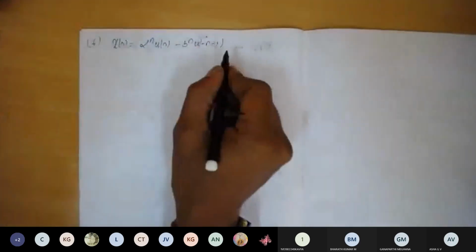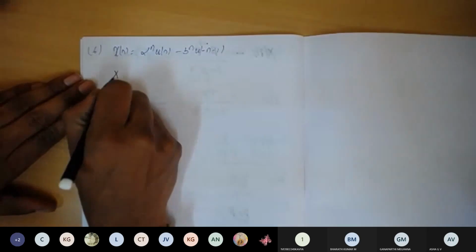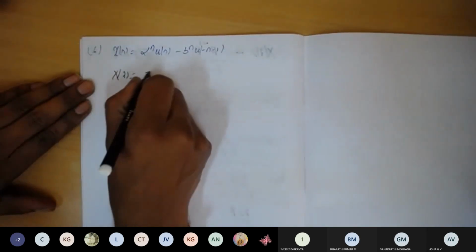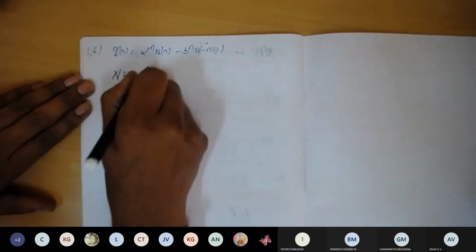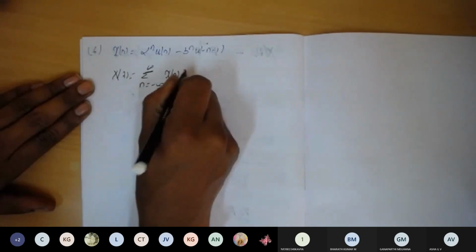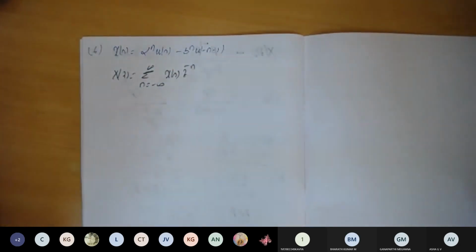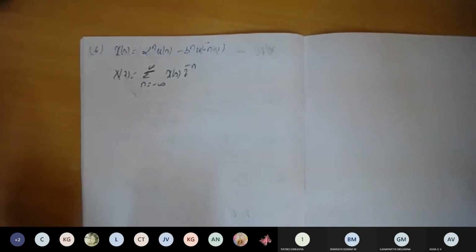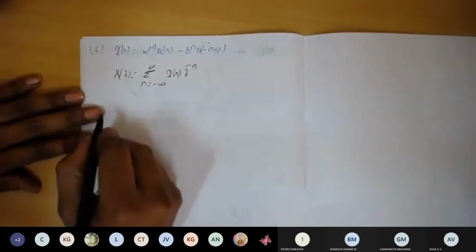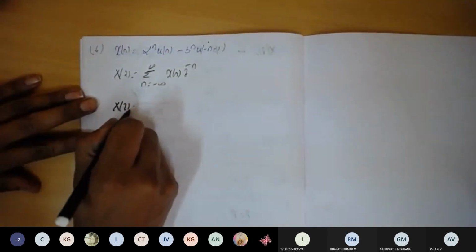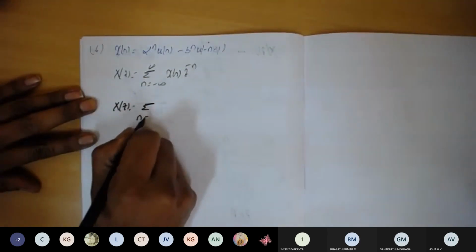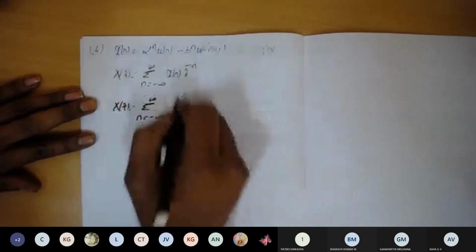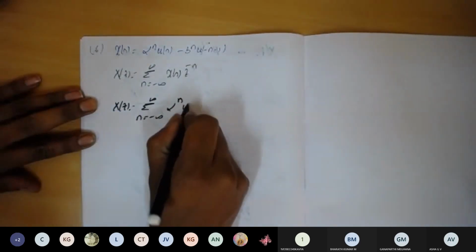Okay, now I'm going to consider the Z transform of these two. So let us write the formula for the Z transform. X of z is equal to summation x of n into z to the power of minus n. Let us substitute for x of n these terms. So it has become summation n is equal to minus infinity to plus infinity alpha to the power of n into u of n.